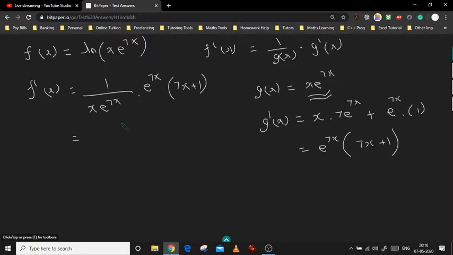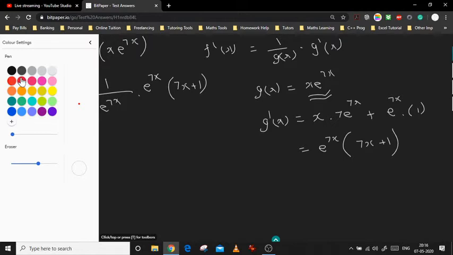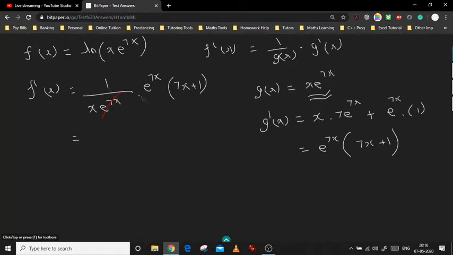Now we can see that we can cancel this e power 7x, and finally, if we simplify, it's going to be (7x plus 1) divided by x. You can still simplify this. This is going to be 7x over x plus 1 over x. So this is going to be 7 plus 1 over x. So this is the answer for this question.